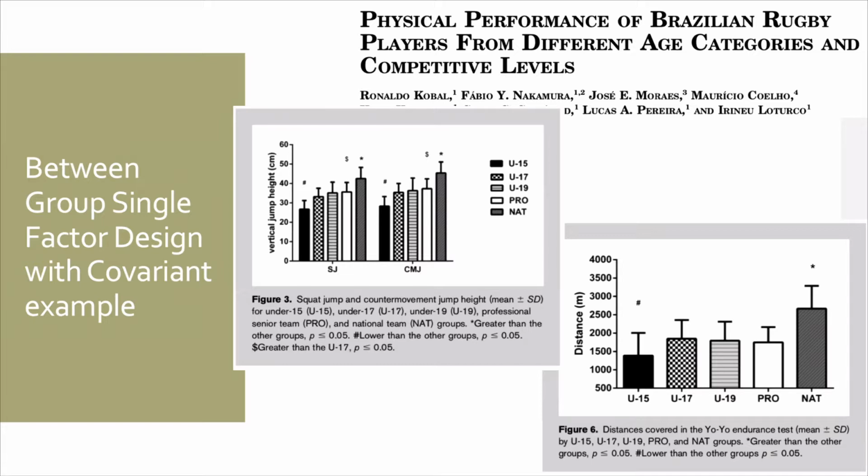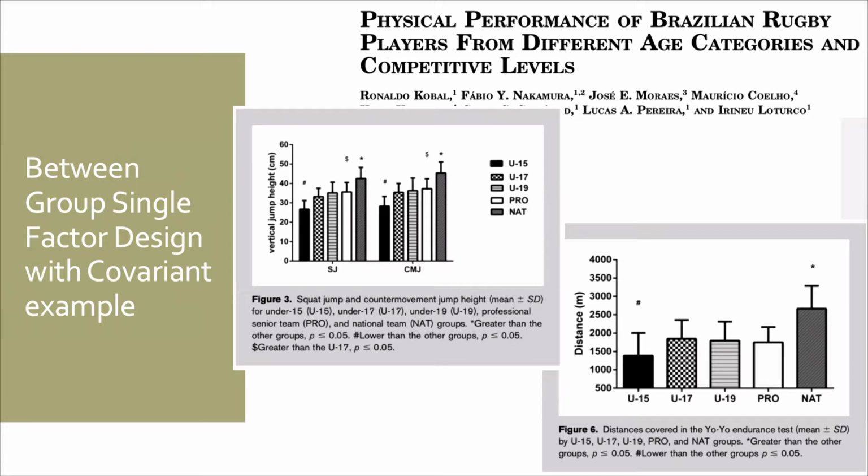So this study is titled Physical Performance of Brazilian Rugby Players from Different Age Categories and Competitive Levels. What this study wanted to do was look at a number of different measures of performance. I just listed 2 of them here.